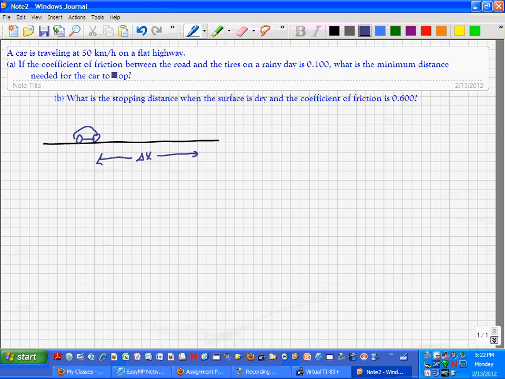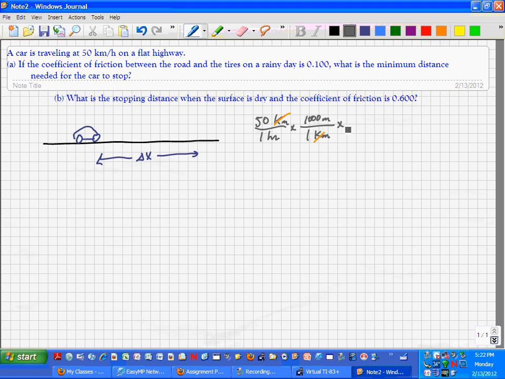We know the initial velocity is 50 kilometers per hour. That's really not going to be that useful to us. We need to convert that to meters per second. So let's go ahead and do that right off the bat. 50 kilometers per 1 hour times there's 1,000 meters per 1 kilometer. So my kilometers cancel.